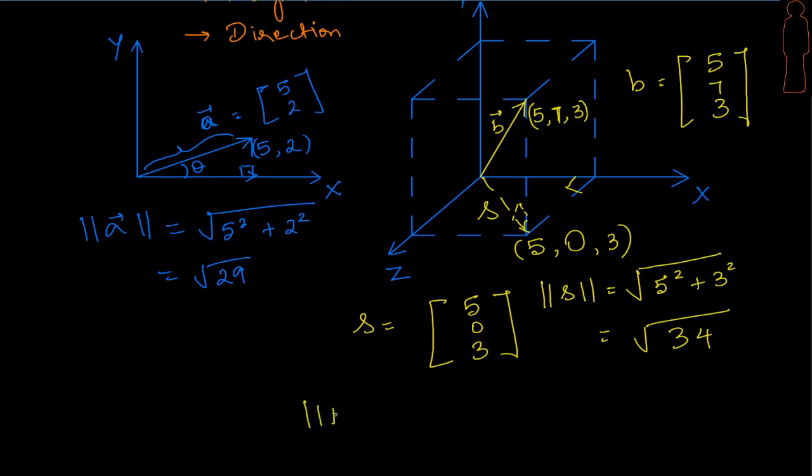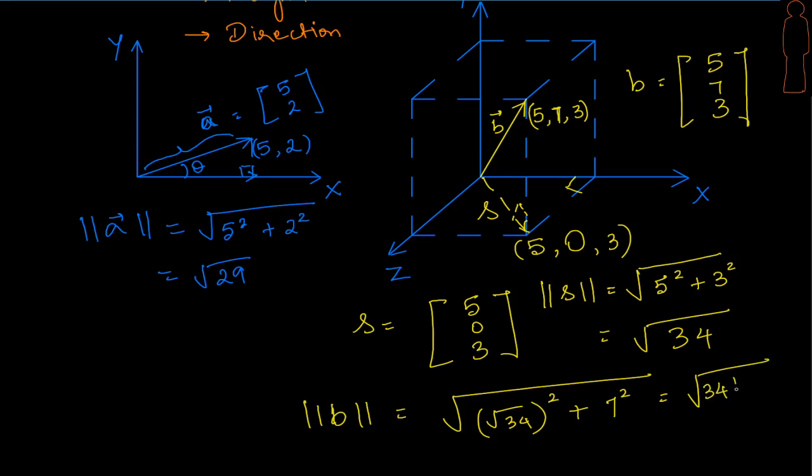So the magnitude of B vector is going to be root of S's magnitude squared, so that is basically root 34 whole square plus this is 7 units, and therefore that will be 7 square, so that will be root of 34 plus 49, right? So that is 83, if I'm right. Okay, so the magnitude of B vector must be root of 83.